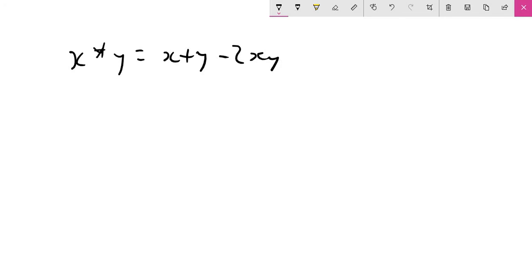They said we should find the inverse of x, so we are finding x inverse.